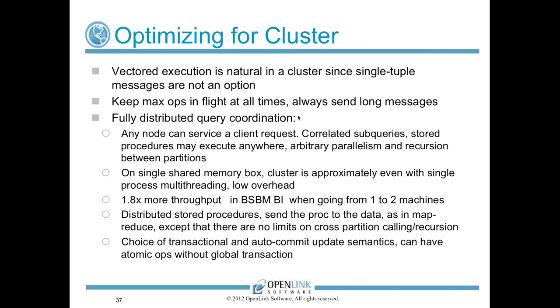But if you have a model where everybody talks to everybody else and can coordinate their own fragment of the query independently of everybody else, then you get full platform utilization. This is very important, and we have made significant improvements in this over Virtuoso 6.